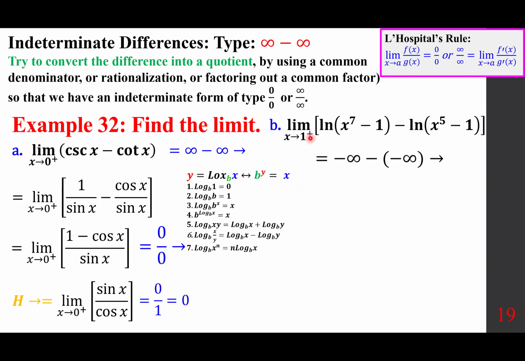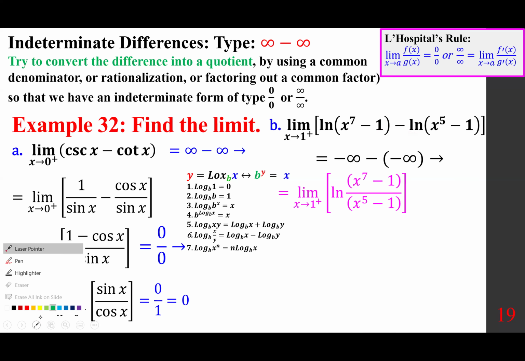So the limit as x approaches 1 from the right, of natural log of x to the power of 7 minus 1 over x to the power of 5 minus 1. So we are using number 6, everybody. We can interchange limit and natural log.